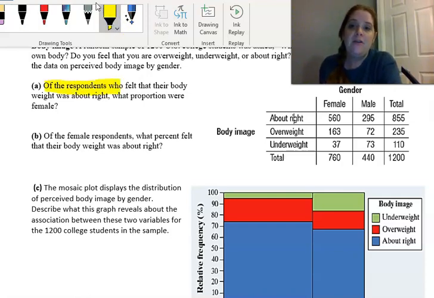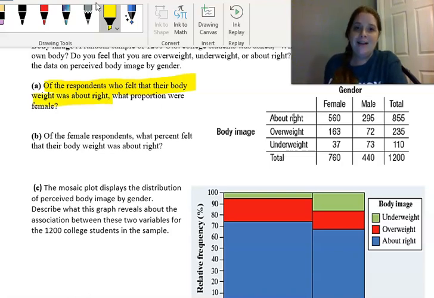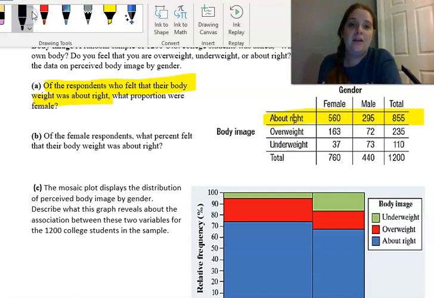So again, of the respondents who felt their body weight was about right, we're not talking about the 1,200 here. We're only talking about the respondents who felt like their body weight was about right. So I'm only talking about this 855, and it looks like 560 of those are female.